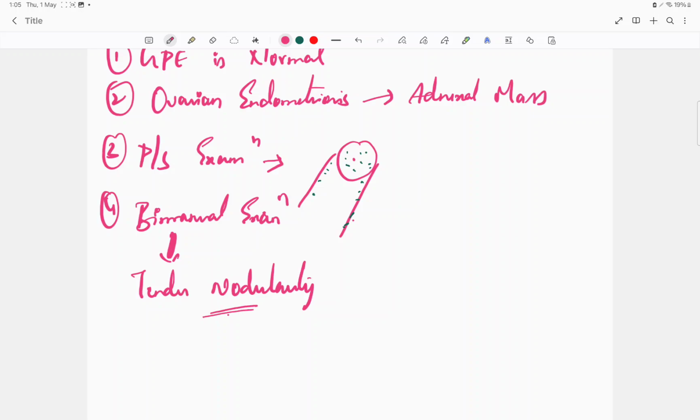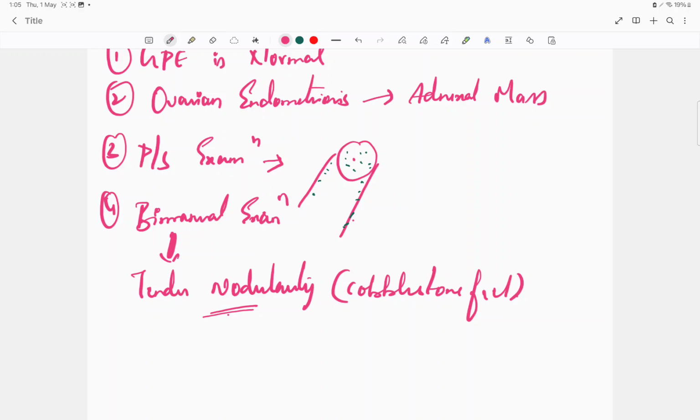Tender nodularity can be seen, and this will give a special feel called cobblestone feel. The cobblestone feel can be seen in the pouch of Douglas and even in the uterosacral ligaments. So the adnexal mass can be seen in the case of ovarian endometrioma, and the nodules can be seen in the fornix examinations.